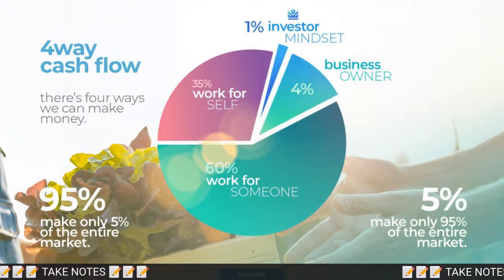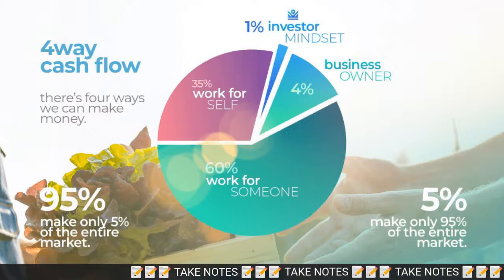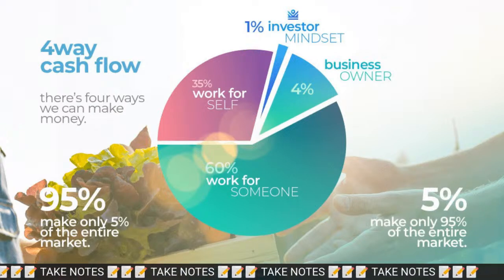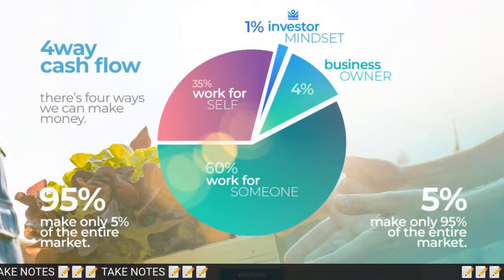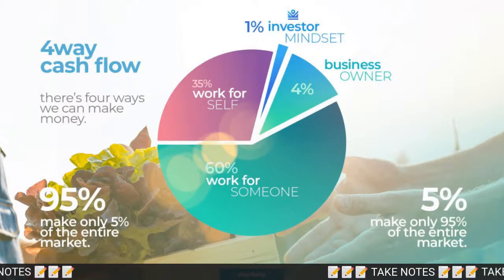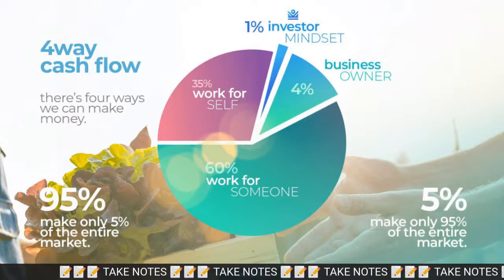And now we're talking about 95% of the population who are sharing only 5% of the entire market. I want you to really wrap your mind around that. Now, when we talk about business owners, this is the top 4%. And some of you have been to something where they cover the cash flow quadrant.